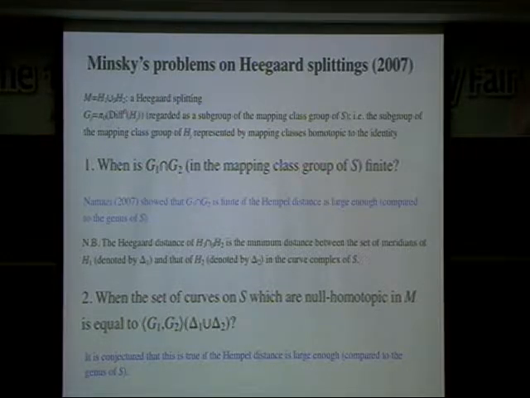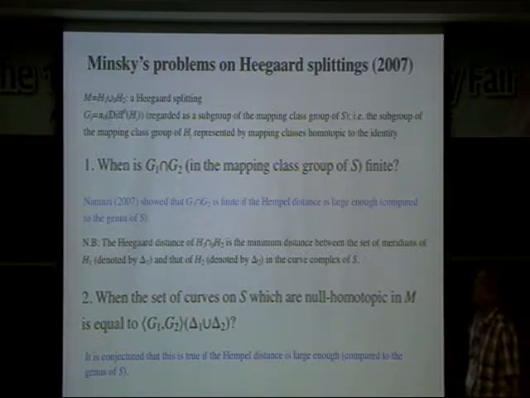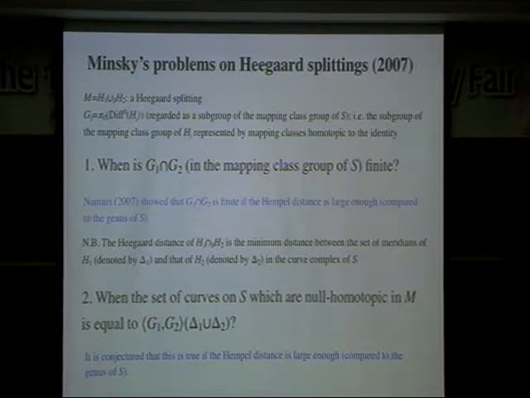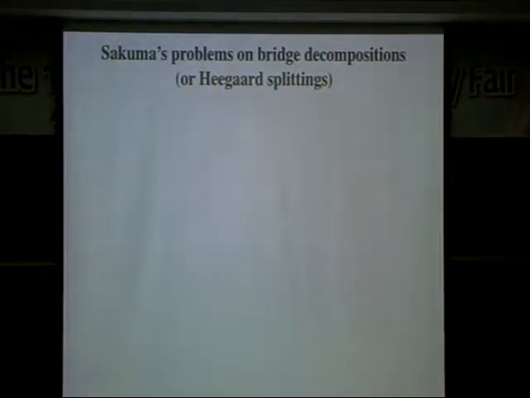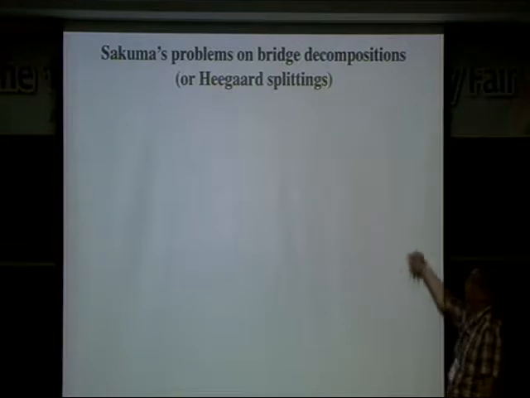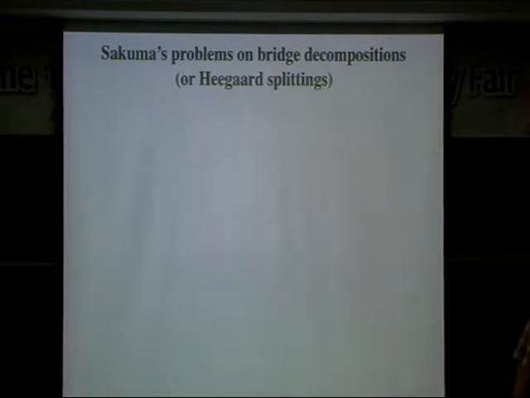So now, let me compare this problem with Sakuma's setting. Sakuma already posed similar problems with regard to bridge decomposition, which is a kind of generalization, or analog, of the Heegaard splitting. So we consider n-bridge decomposition or Heegaard splitting anyway.